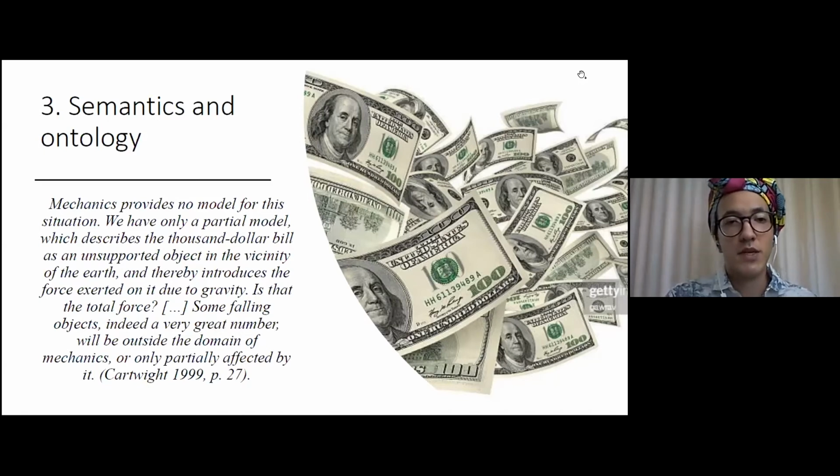What Cartwright is trying to do in this argument is to say that the range of application of laws is a very limited one, because laws are about capacities. You have laws about capacities, but whether the capacities will be manifested or not depends on each situation.